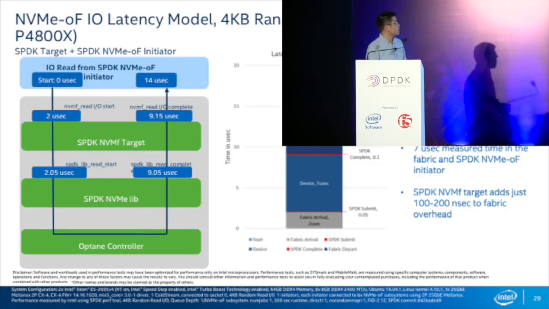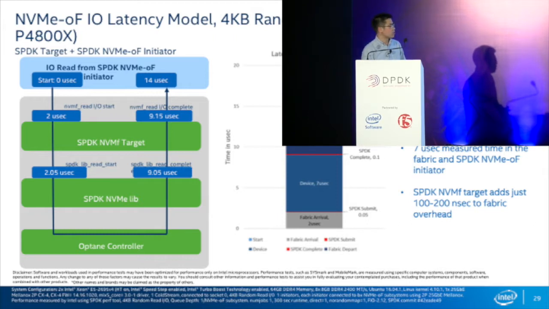And this page, we just make it clear to the users how SPDK improves the performance. So we divide the I/O round-trip time into three different parts. The first is the fabric arrive time.